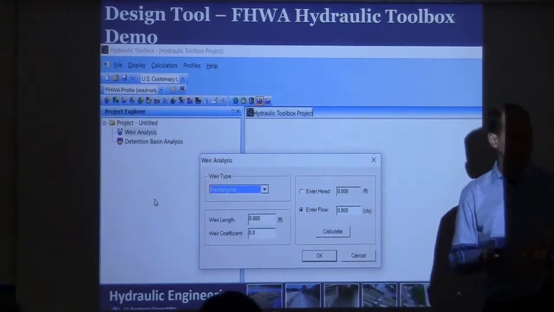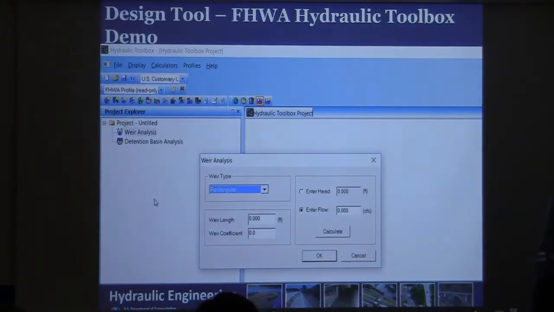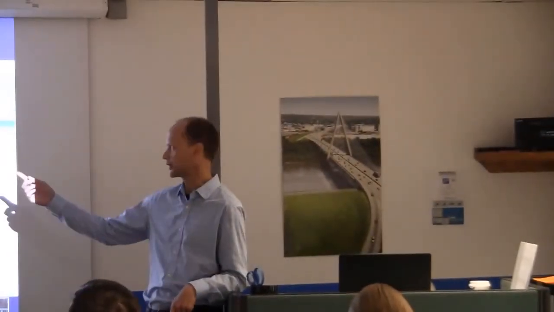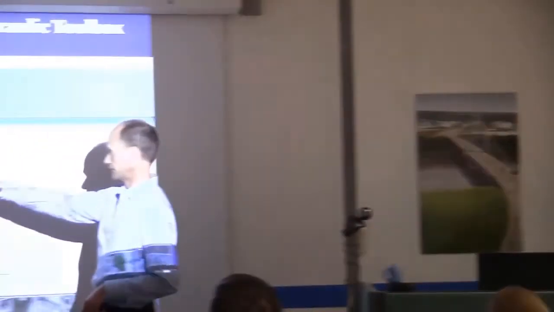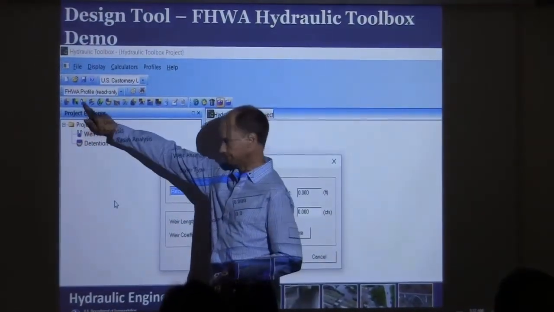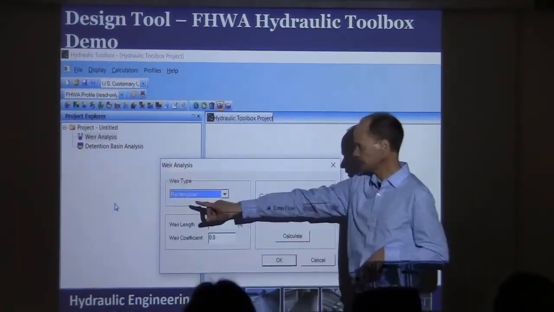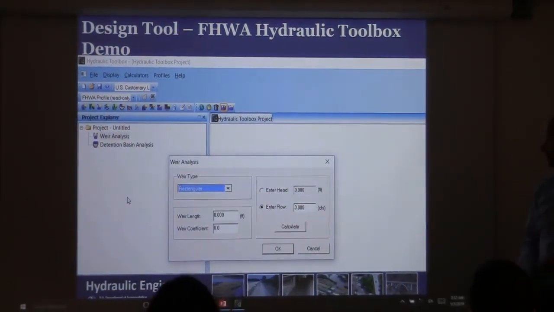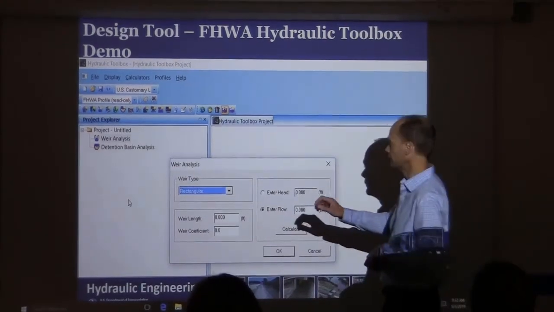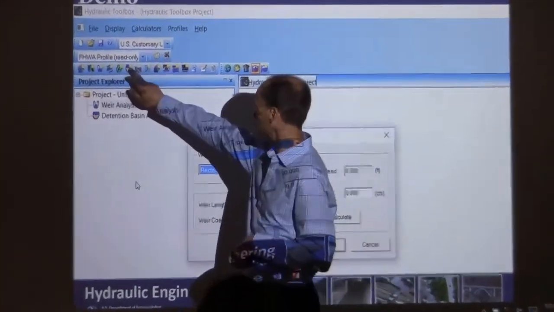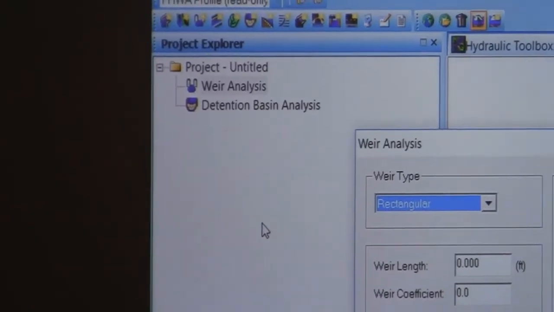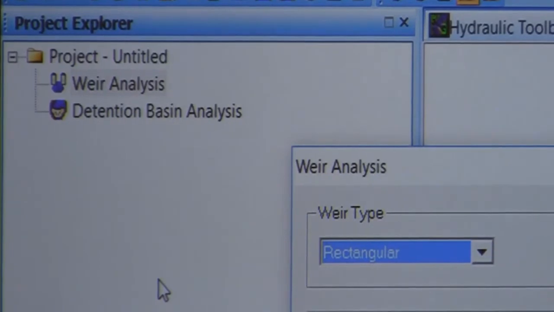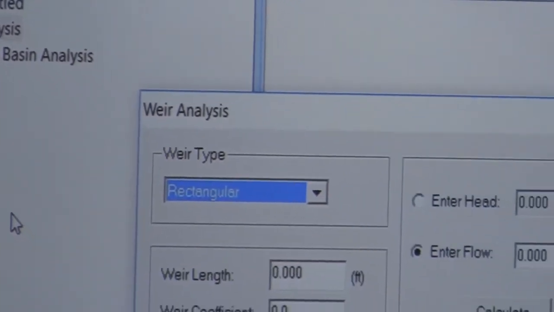And just another plug for the Hydraulic Toolbox. Actually, the weir and orifice equations are pretty straightforward, so I wouldn't say you need to go into the Hydraulic Toolbox. There is a weir calculator in there, the weir analysis, this one right up here. The orifice equation is actually built into the detention basin one. I think it's this one here, the detention basin calculator. If you go in there, you have to put in your stage storage and stage discharge curves for your detention structure.